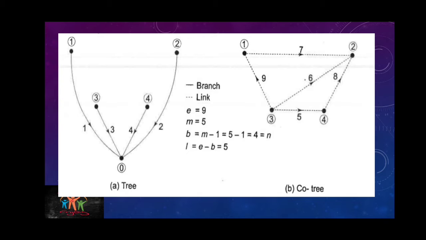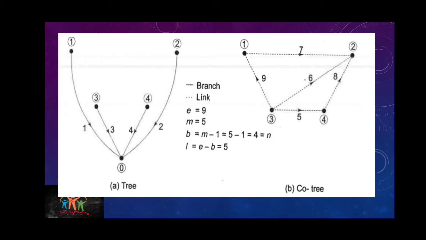From this figure we are going to convert it into a tree and cotree form. Here solid lines represent the branches and dotted lines represent the links.